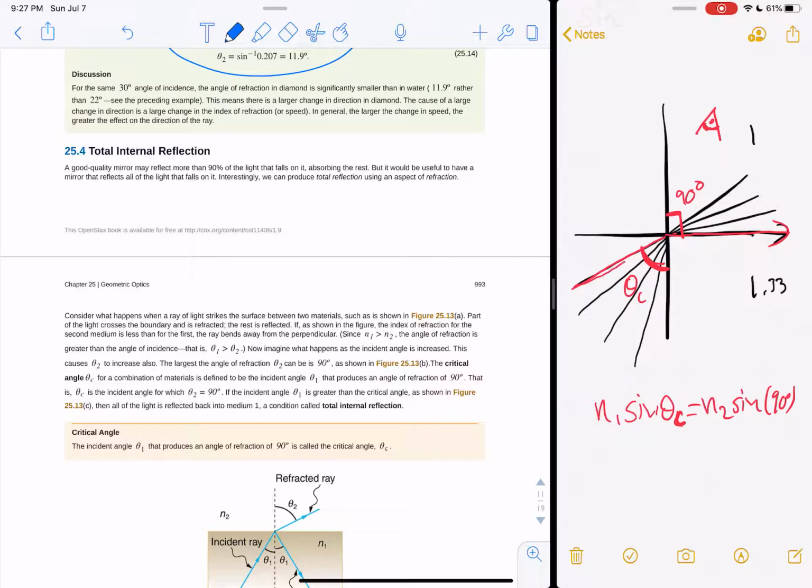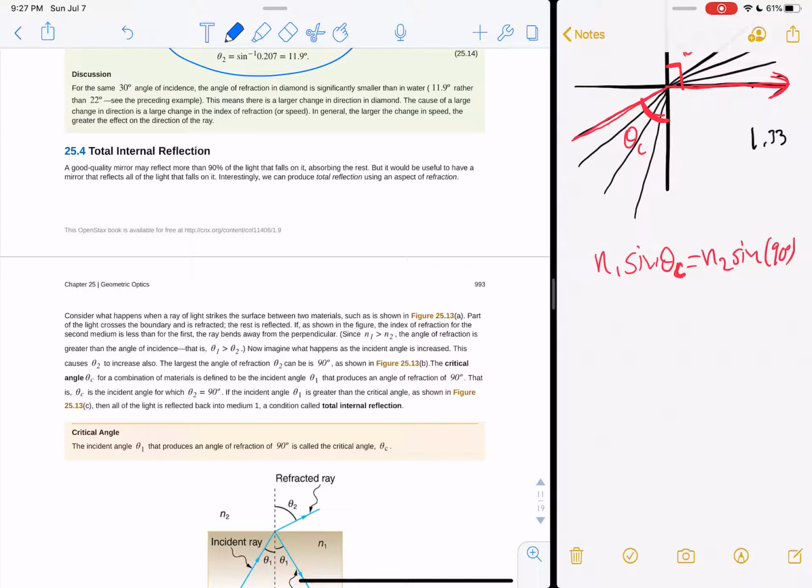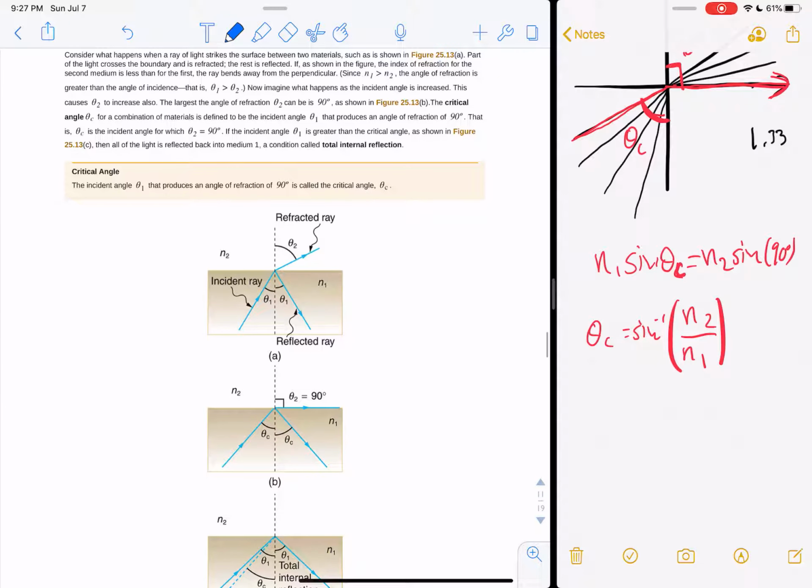But when you're at the critical angle, light never leaves the water. So at that point, no one above the water will be able to see what that ray is doing. And that's called the critical angle, which is equal to the inverse sine of n2 over n1. And that is what's going on.